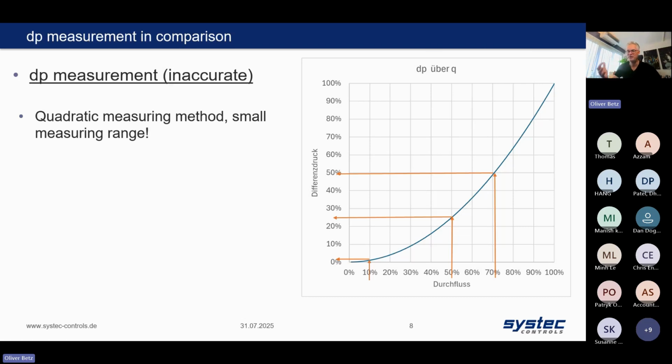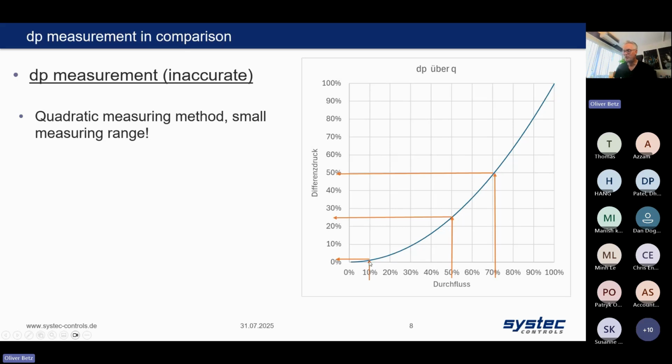As I told you before, kinetic energy changes by the square with the potential energy. So the differential pressure, if you look to this graph, you have here flow on the x-axis and differential pressure on the y-axis. So if you are at 70% of the flow, you have 50% of the differential pressure, which is fine. If you have at 50% of the flow, you just have 25% of the differential pressure, which is fine.